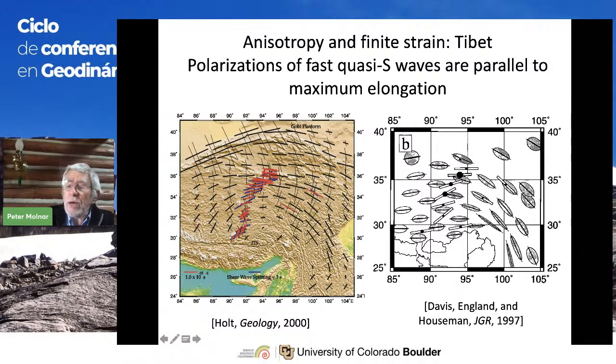West-northwest, east-southeast up here. Very marked elongation here, less strain in here. And these bars are showing you the orientation of the fast quasi-S waves. These bars should be parallel to the maximum elongation. And it's not bad. It could be better. It's quite close in here. It's very nice where the strains are large over in here.